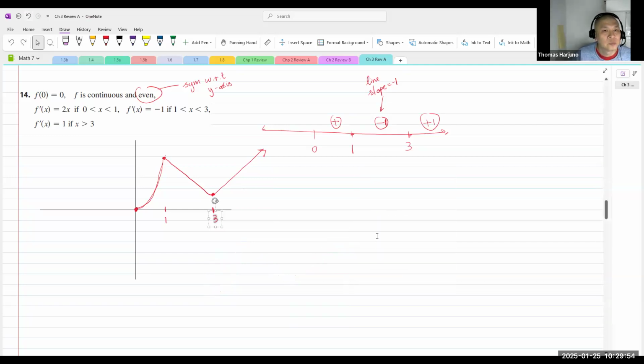So at negative 1 and at negative 3, it will be like this, right? And then it goes down, the slope is 1 there, and then the slope is negative 1 here. Okay, but it's symmetric with respect to the y-axis.